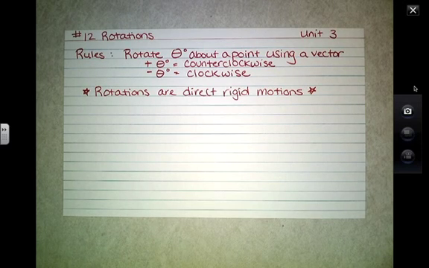Now that doesn't mean that A is on top and A prime is on top. That means that as you go, let's say you choose a direction, as you go around the shape, the order of the letters will be the same as you go around the other shape. Does that make sense? So if it's A, B, C, it's going to be A prime, B prime, C prime. But it could be turned. It's just the same direction around the shape. Okay, so that's your orientation.